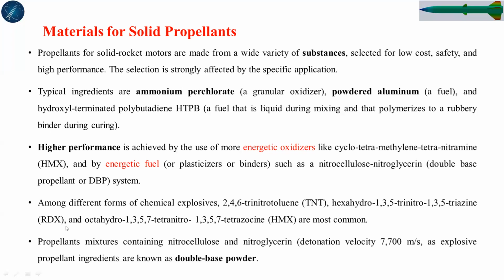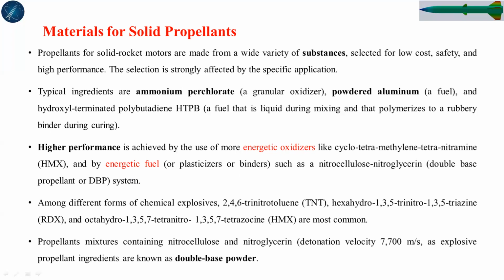This is also among these high performance propellants. So HMX, RDX, TNT, these are high energy or high performance propellants, which are used as energetic oxidizers. So powdered aluminum is still used as a fuel.